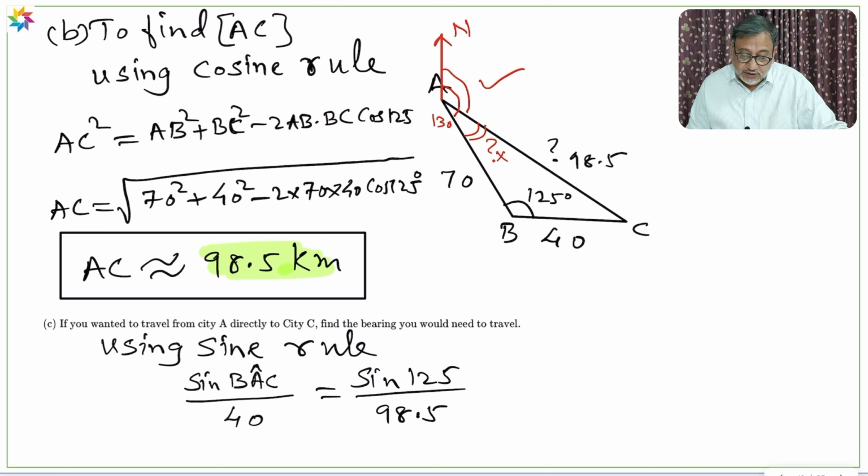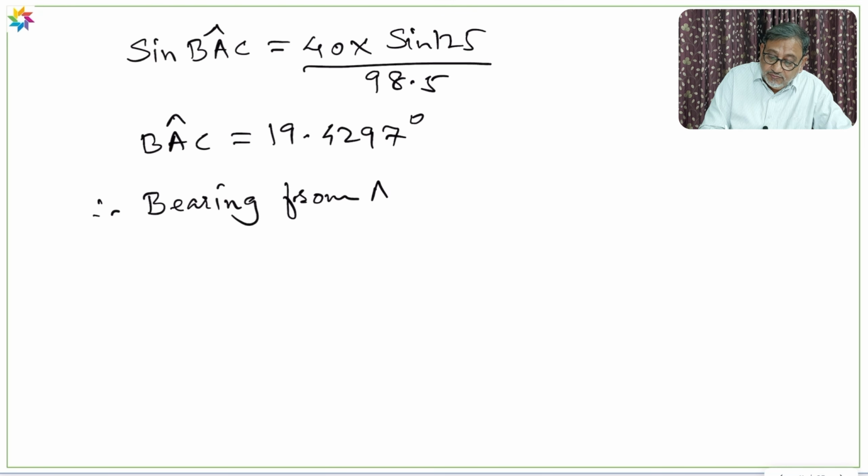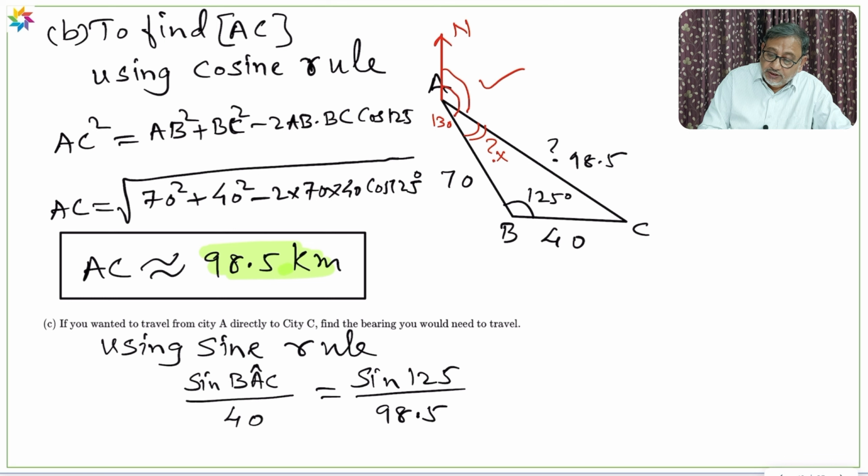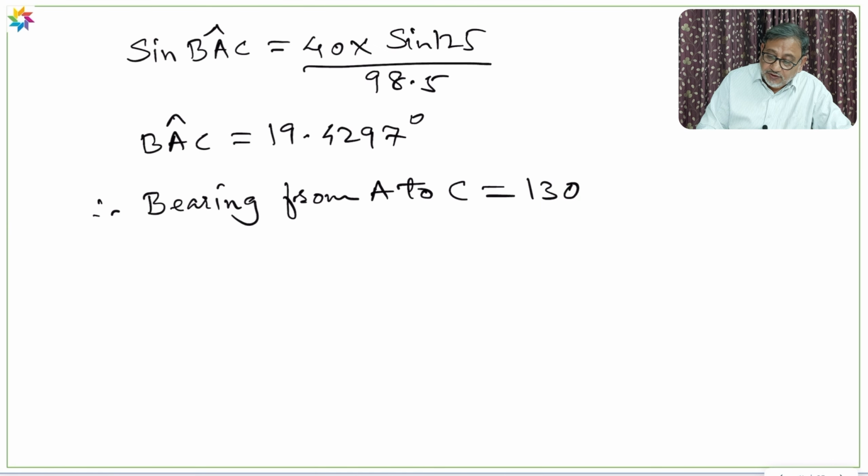See what bearing we need. Find the bearing you would need to travel from A to C. Bearing from A to C will be equal to the whole angle I have, 130. Look here, I have already drawn here the 130 whole angle. From that I will subtract what I have found.